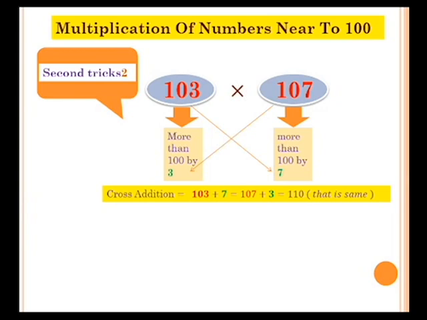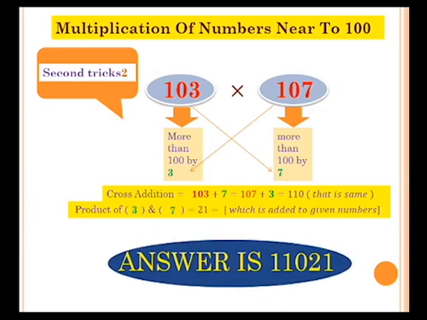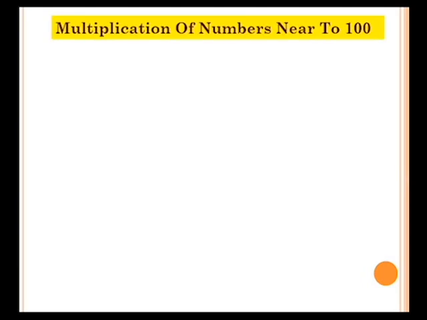Then take the product of 3 and 7, we get 21, and write these two numbers close to each other. We get the product of 103 and 107 is 11,021.